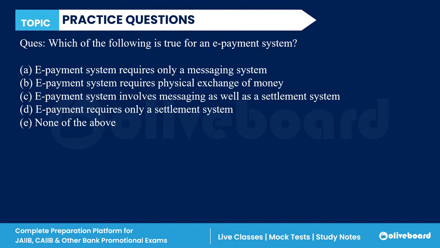E-payment, electronic payment. Everyone, e-payment has a messaging as well as a settlement system. It is not a physical exchange of money. No, it does not require only a messaging system. No, not only a settlement system. Messaging as well as the settlement system. So C is the correct answer, right?